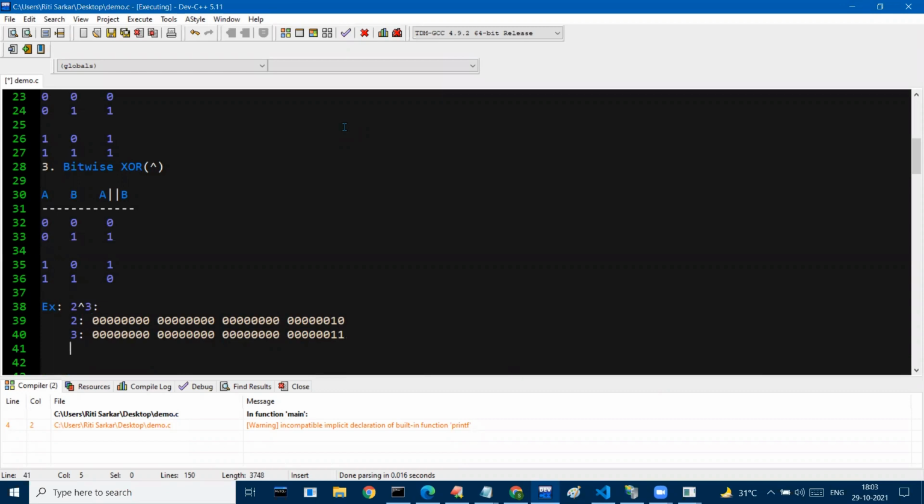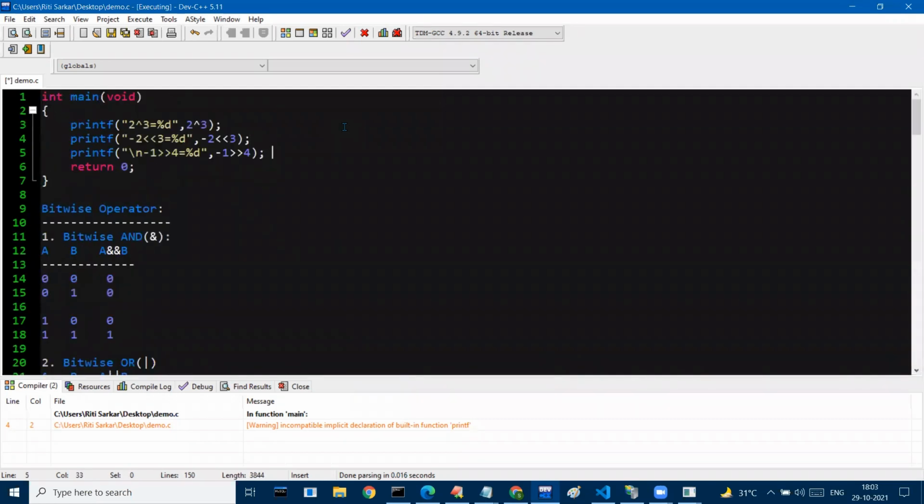Always go for 32-bit representation. Next, XOR operation. Alternate gives us 1. So 1, 0, 1. Remaining all are 0. Alternate gives us 1. So what is the expected answer? 1 is the expected answer.